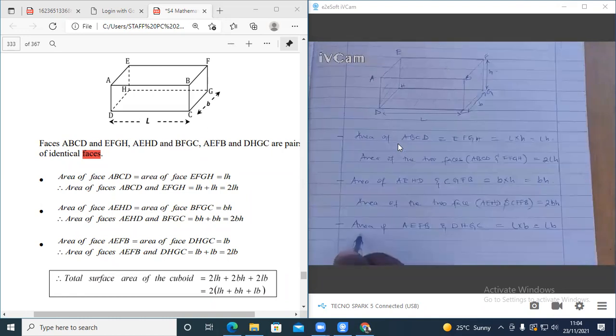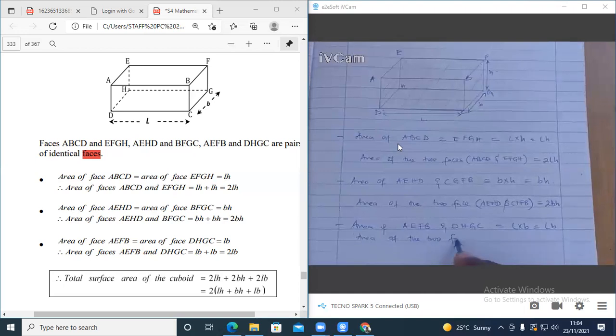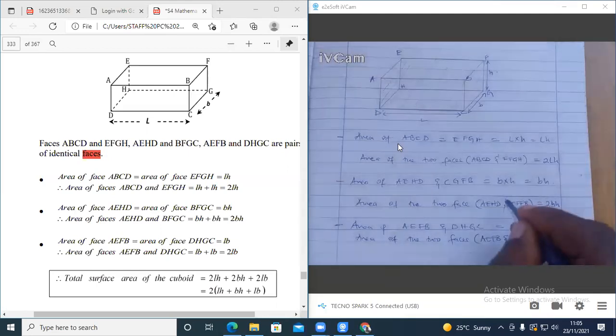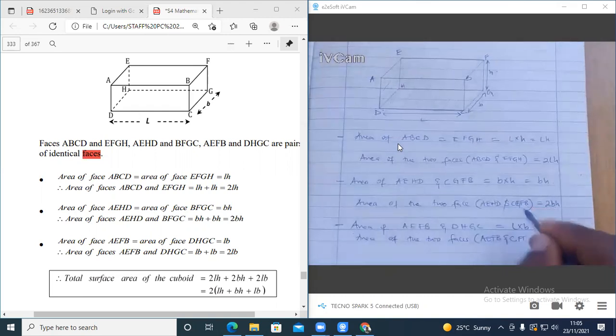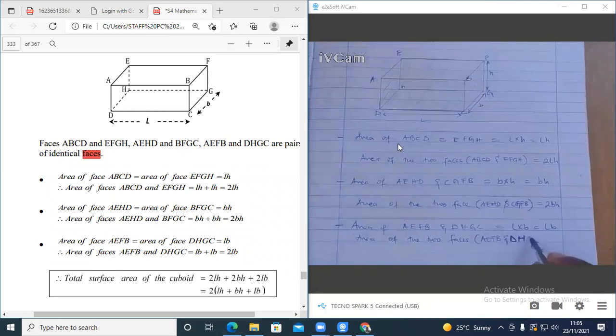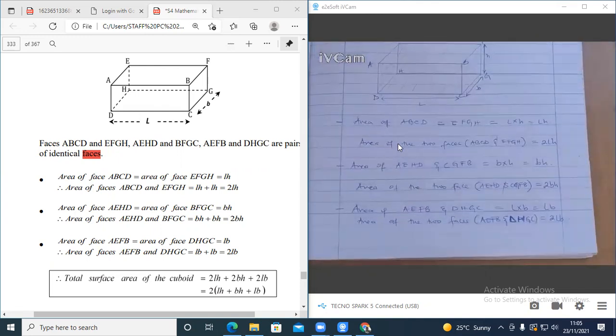So the area of the two faces AEFB and DHBC is 2LB.